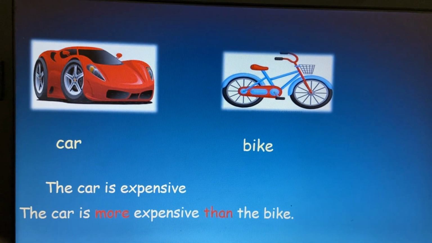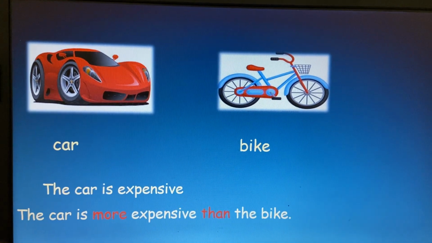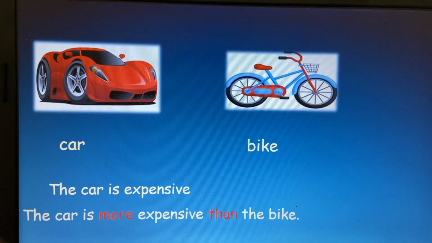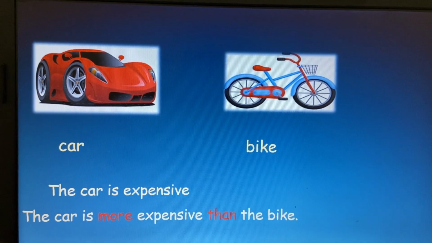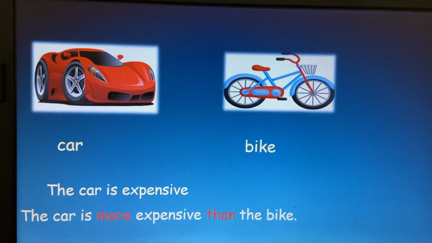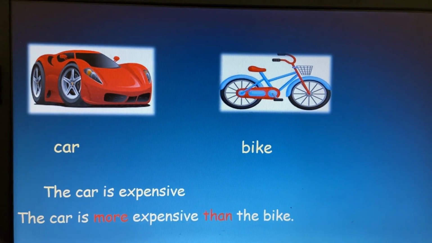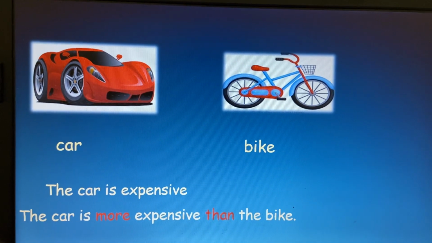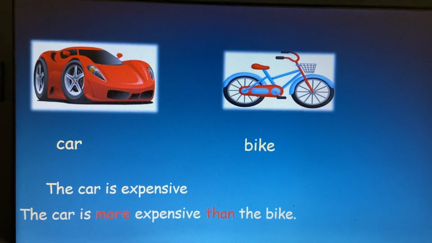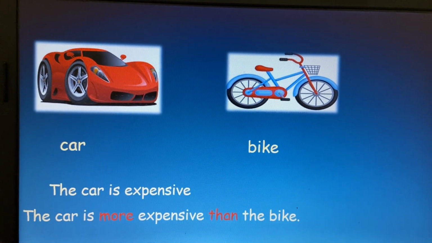Let's compare the car and the bike. The car is expensive. The car is more expensive than the bike.